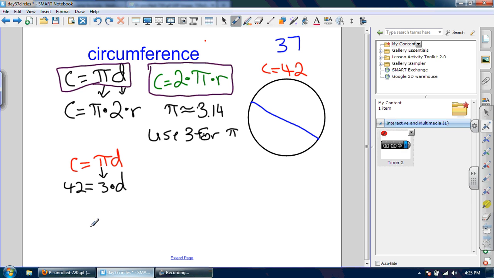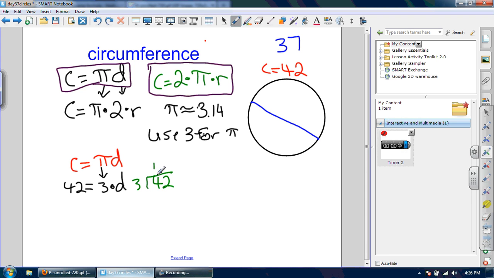Alright? So now, let me ask you, if we know this, now how can I find the diameter? Hopefully someone right now is telling me, well, we could divide. We could say 42 divided by 3. Let's try that. Thank you for the suggestion. So 42 divided by 3.